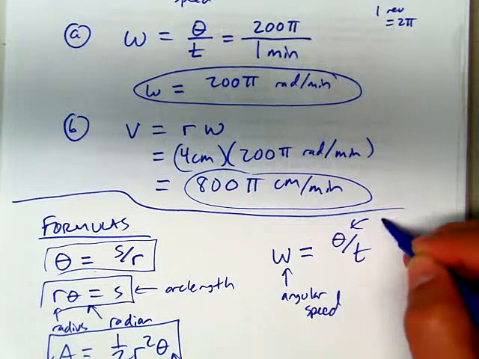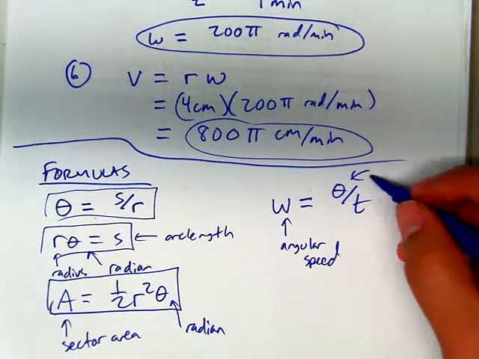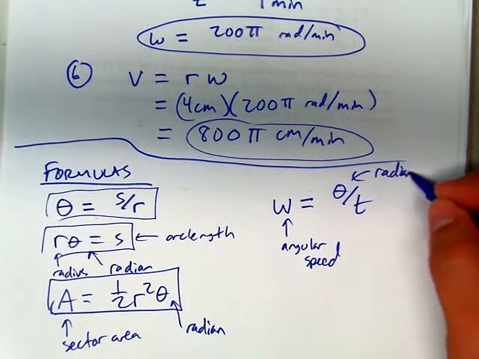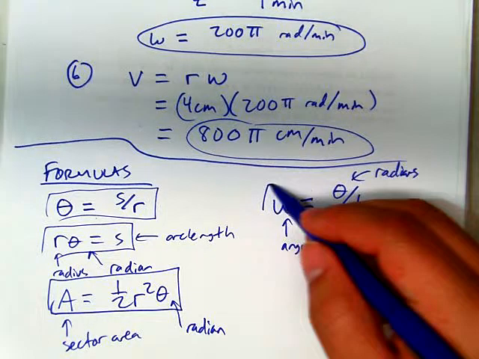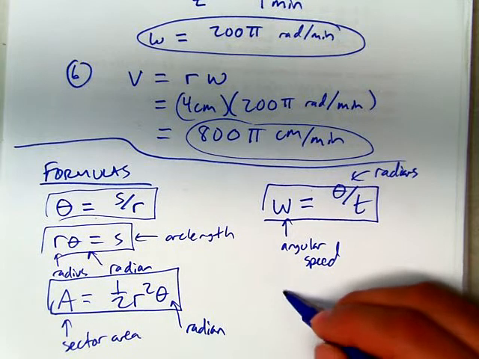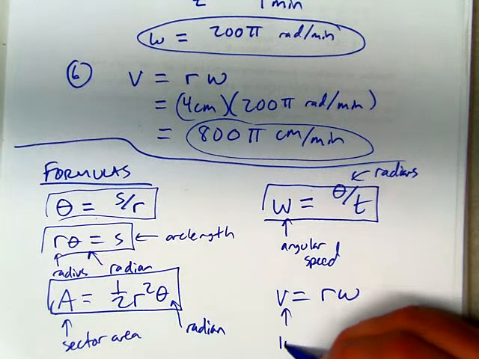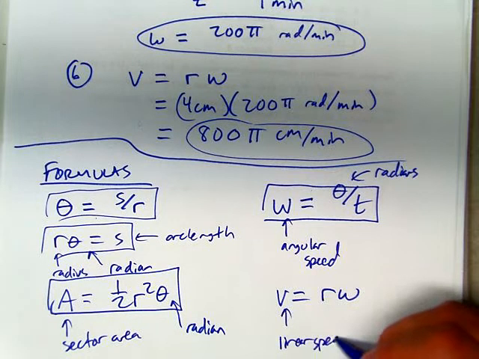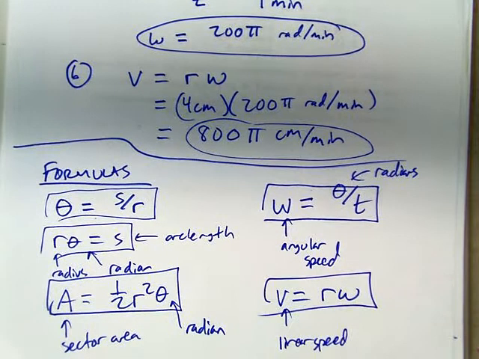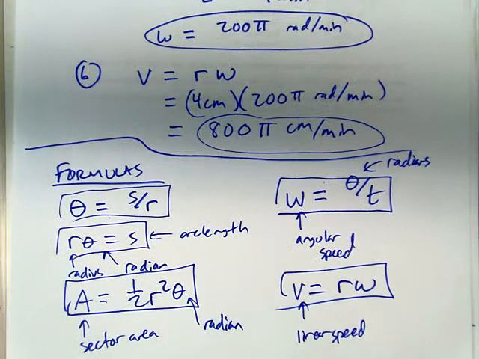Again, this needs to be in radians. And linear speed, V equals R times omega. So this is linear speed. Okay, so these are the formulas we've talked about. A lot of good stuff in this section that's going to help with all the trig things that we're going to do in this class.